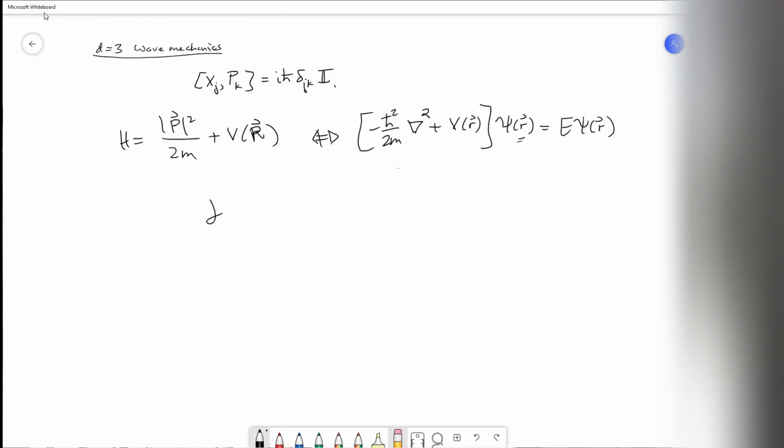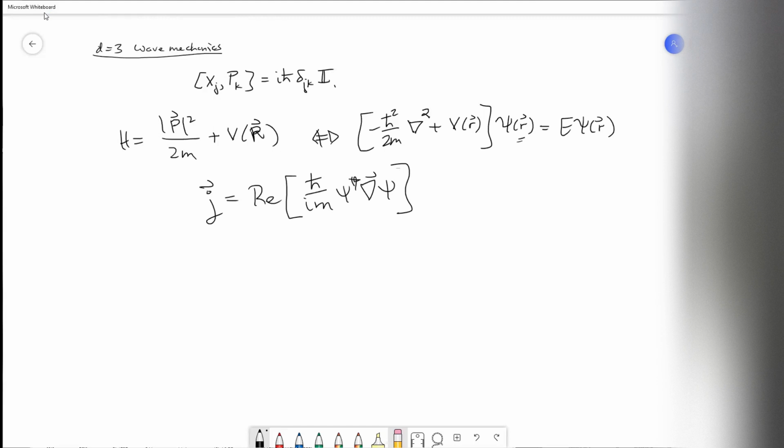Another important point is that the probability current that we were looking at now becomes a true vector. It's still the real part of h bar over i m psi star, and now it just becomes the gradient of psi. So it becomes really a vector because you take the gradient of the function, and it points along the gradient of the wave function.